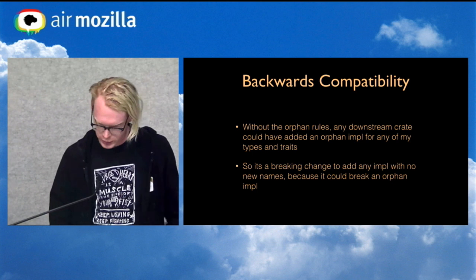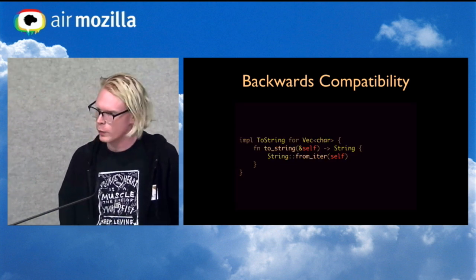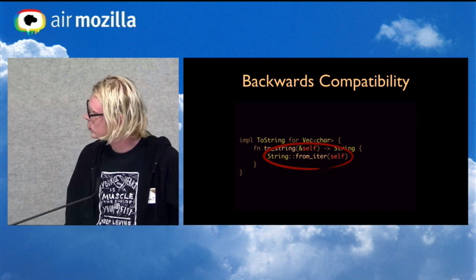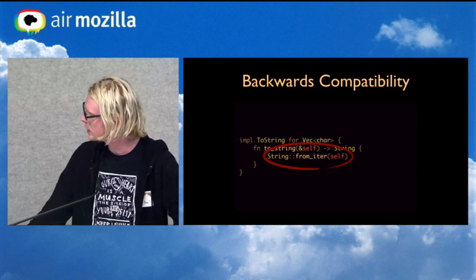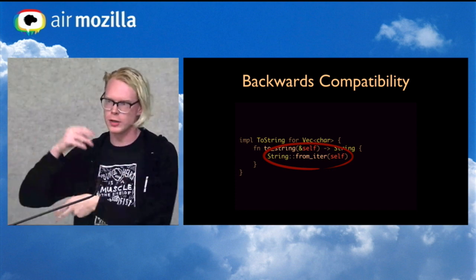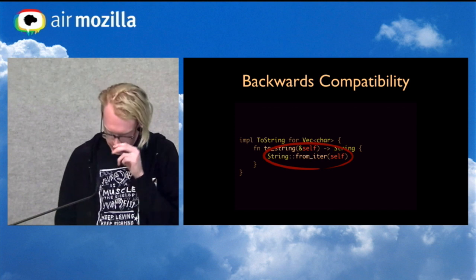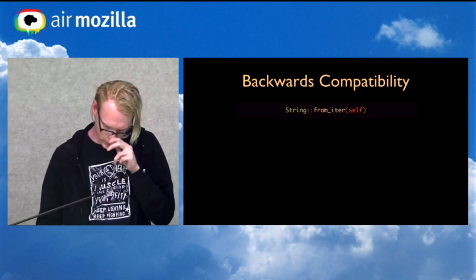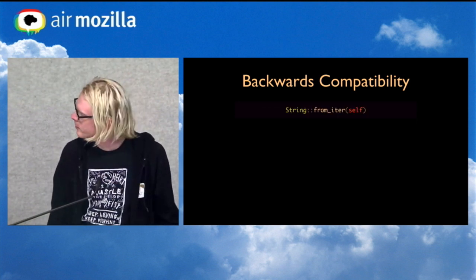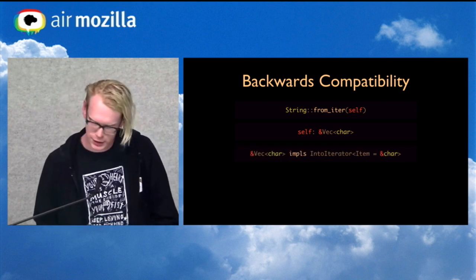And just to show how common this is, here's that orphan impl again. When I went to define it, I did the most obvious thing to me, which was to use the String::from_iter method to take treating the vector as something that can be iterated over as chars, and then String can be made from an iterator of chars. And I just tested to make sure that this worked, and it didn't, because self here is a reference to a vector of chars.